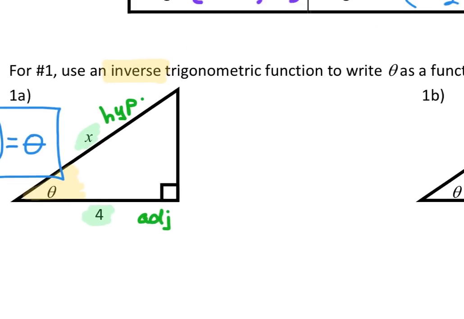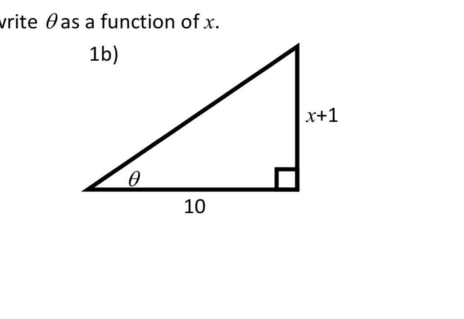And again, in 1b, if we're talking about the angle theta here, then the sides that we have to consider are the place where x plus 1 is the opposite side, and the place where I have the 10 is the adjacent side. We're talking about opposite the angle and adjacent to the angle.